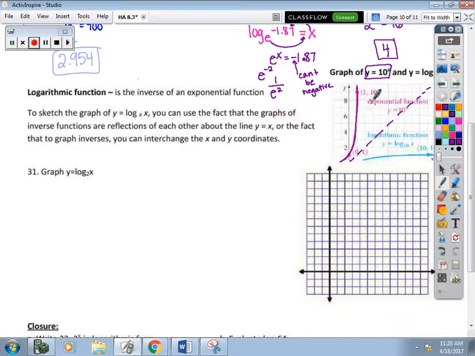So if you remember, the inverse is reflected across the line y equals x. Okay? So if we want to graph a logarithmic function, we're actually going to use the fact that it is an inverse, and then you can either reflect it across the line graphically, or you can change the x and y in your table and then plot them, which is what I suggest.